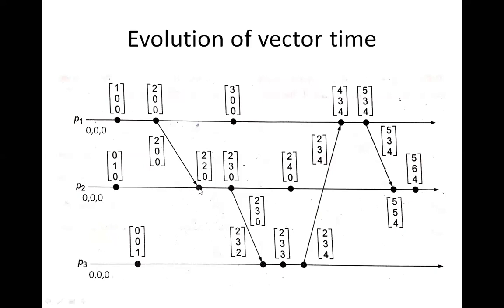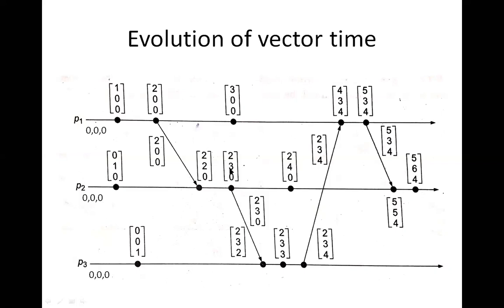Now, process P2 is going to have another event. When an event occurs in the same process, it applies rule number 1 to update its local time in the vector. The first event occurred, so it becomes 1. The second event occurred, so it becomes 2.